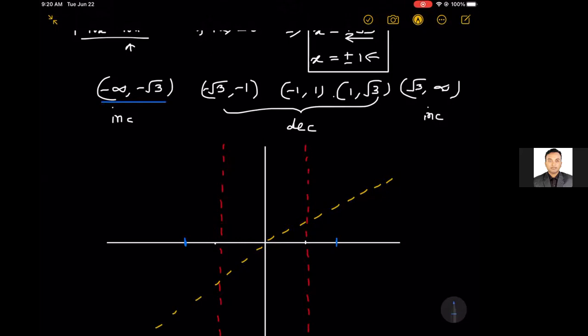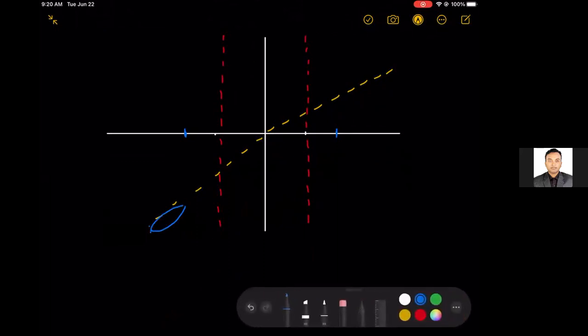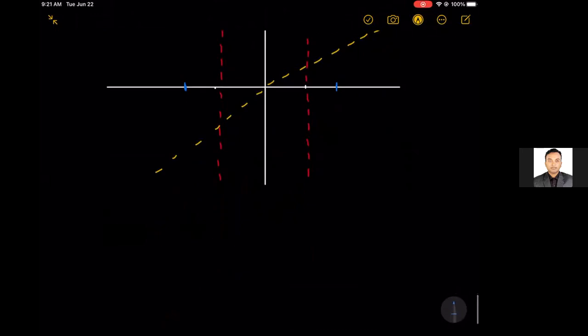That means it will either look like this or look like this. We know we can find an increasing function two ways, right? Either like this, or this.